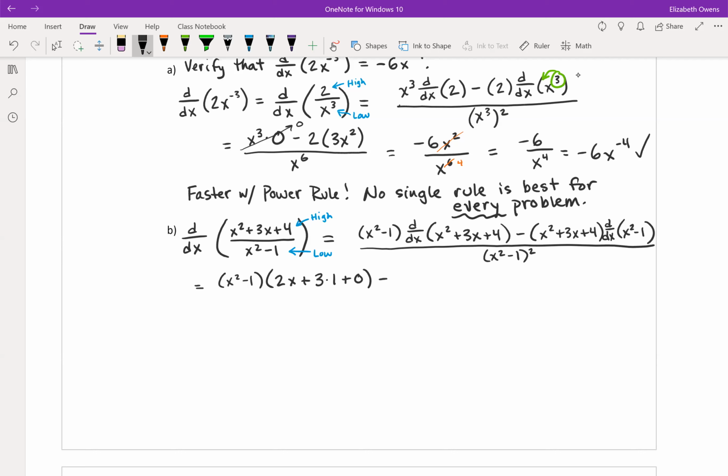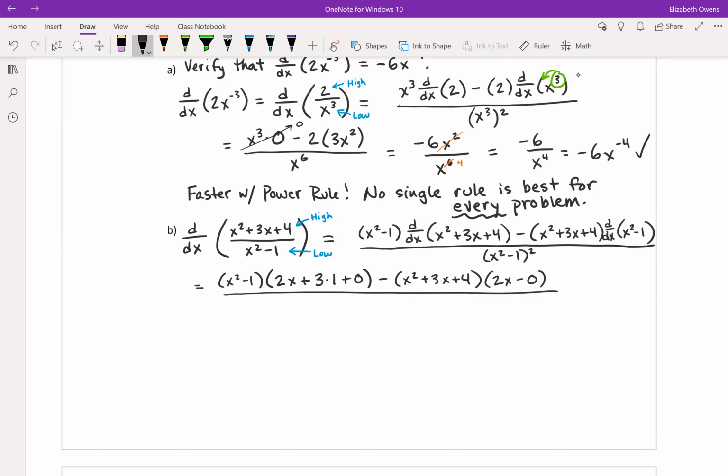Okay, and then we've got x squared plus 3x plus 4. We're subtracting the second part here, and we're going to take the derivative of x squared minus 1. So power rule on that, bring down the 2, x to the first. So we got 2x, and then minus the derivative of that constant 1, which is 0.